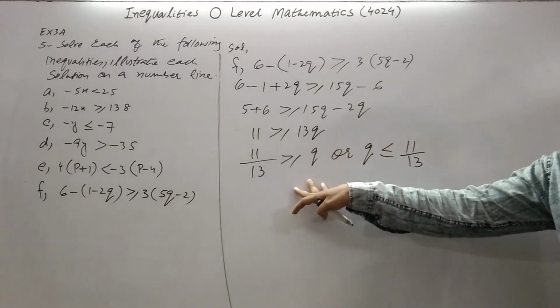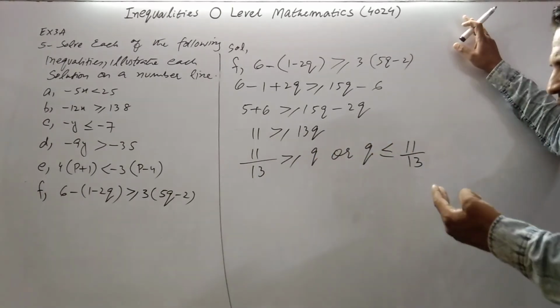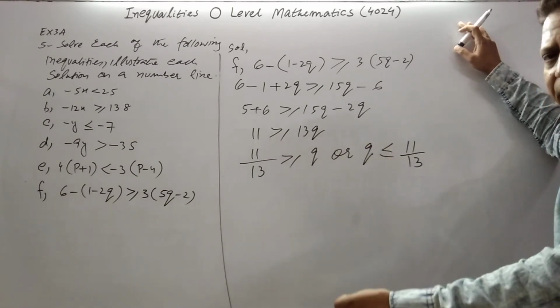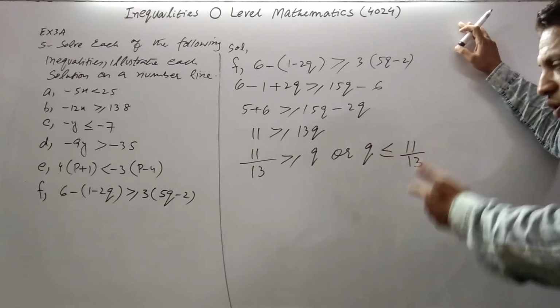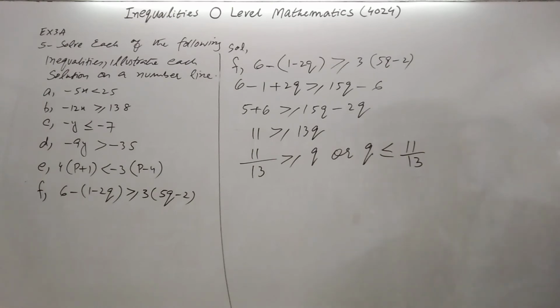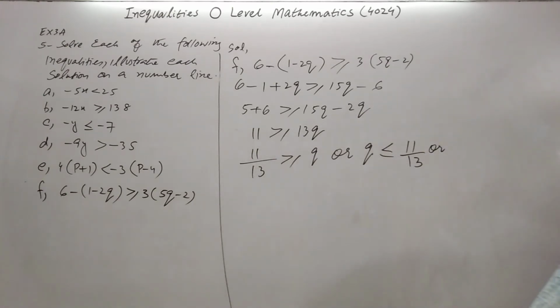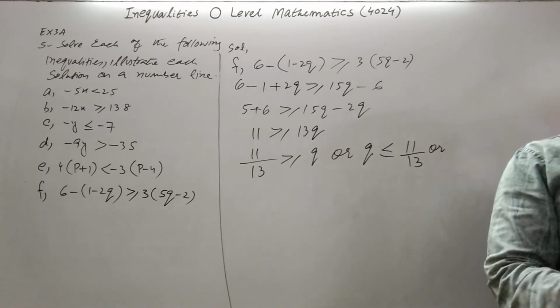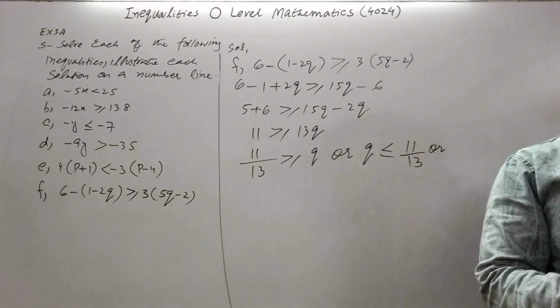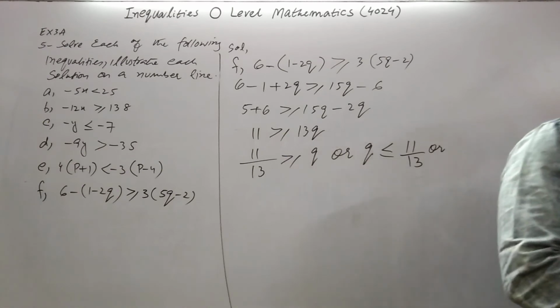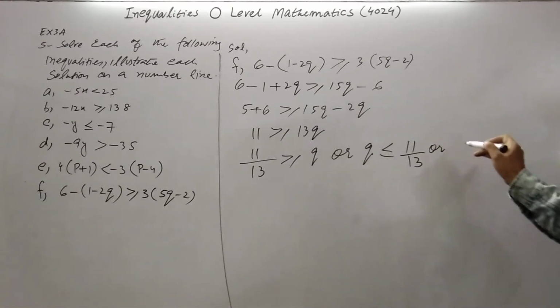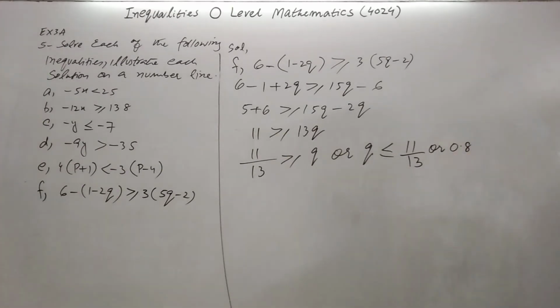This is also accurate, but because we always write the variable on the left hand side, this is good. So 11 upon 13, or what is 11 upon 13? 0.84. 0.84 rounded off to 0.8.